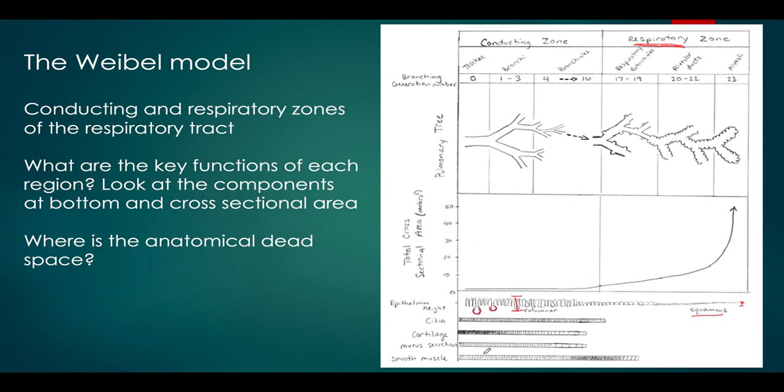And so what happens is the mucus traps this particulate matter, and then the cilia move the mucus containing the particulate matter and sweep it toward the upper parts of the trachea. Well, guess what's at the upper part of your trachea?